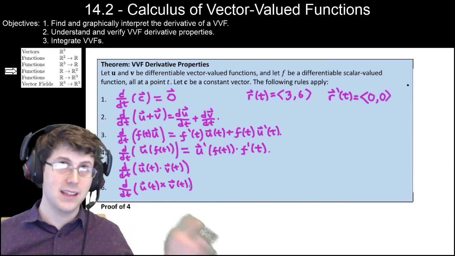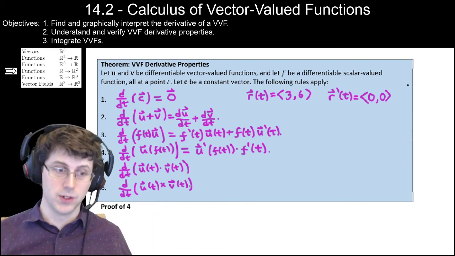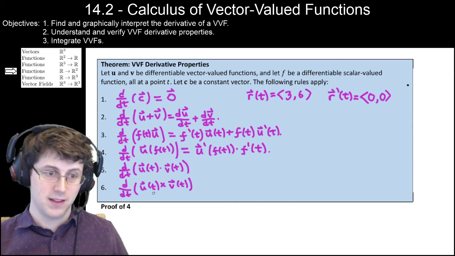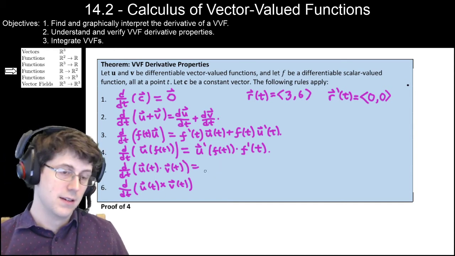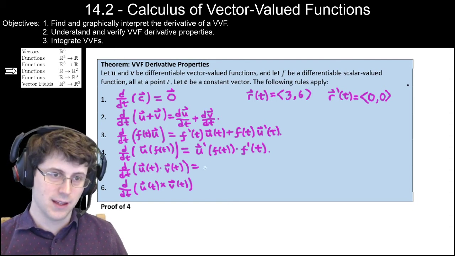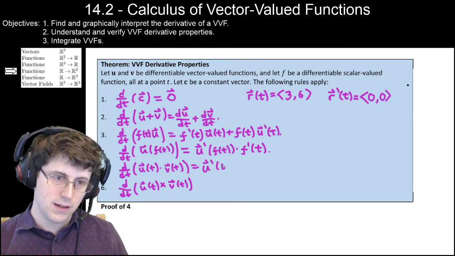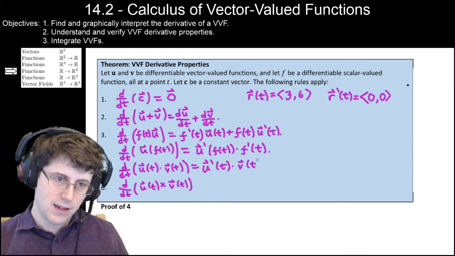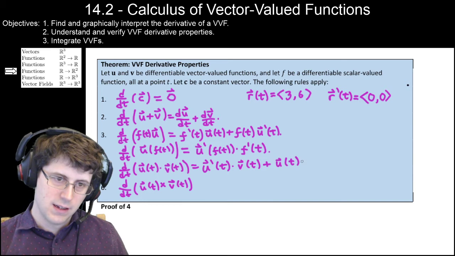So hopefully the way that you memorized the product rule makes it work even with number 6 here. Basically you keep everything in the same order. So you can do the derivative of the first times the second plus the first times the derivative of the second.